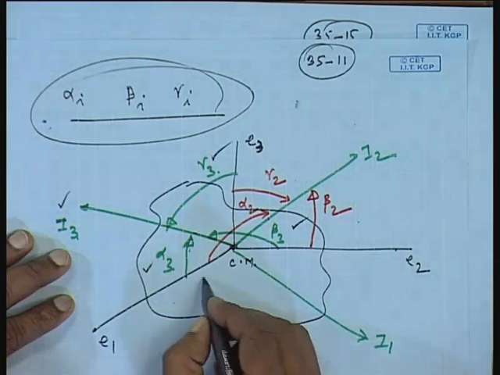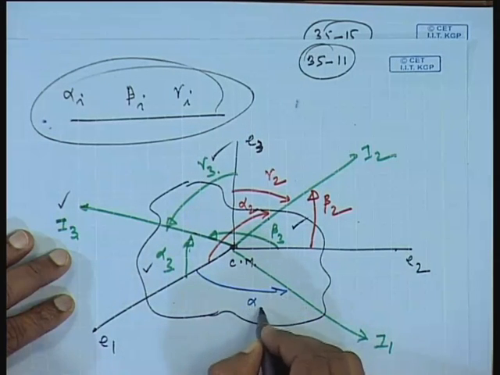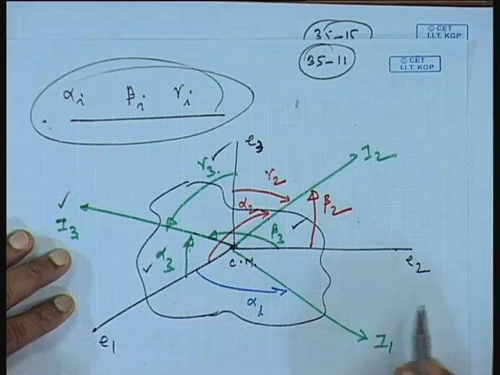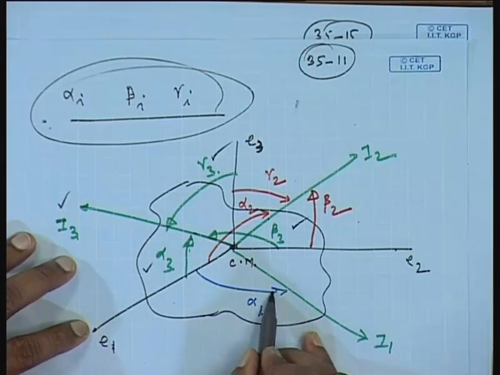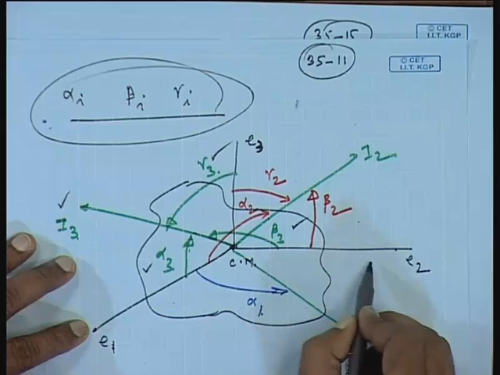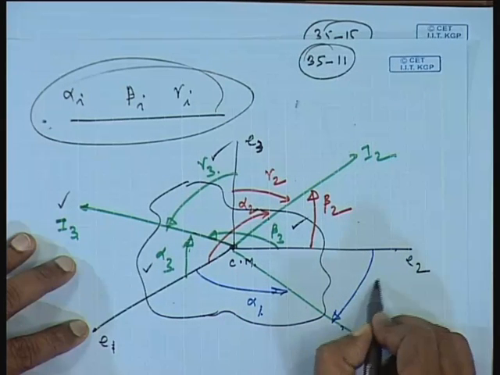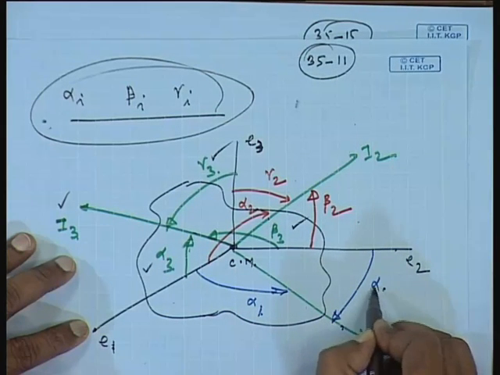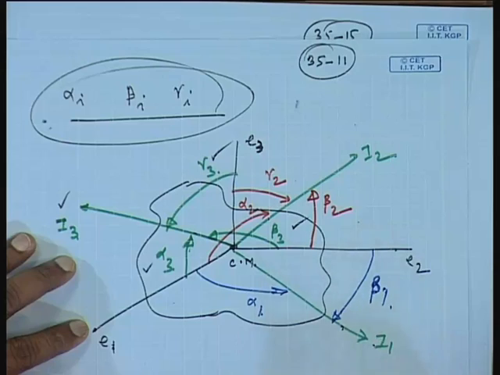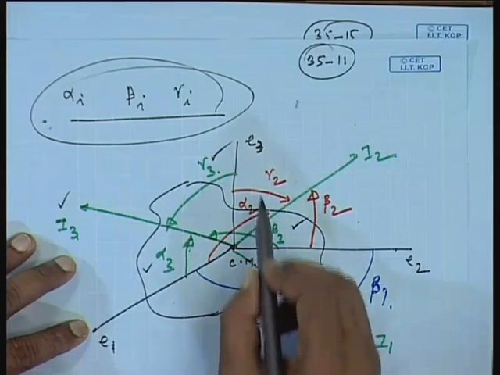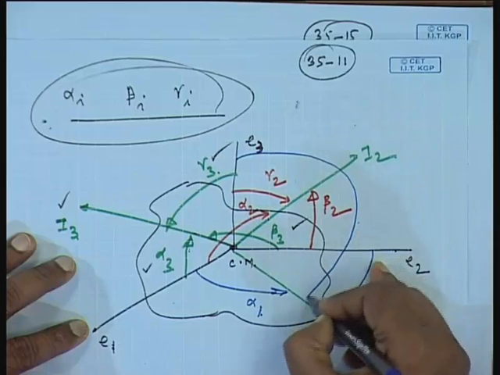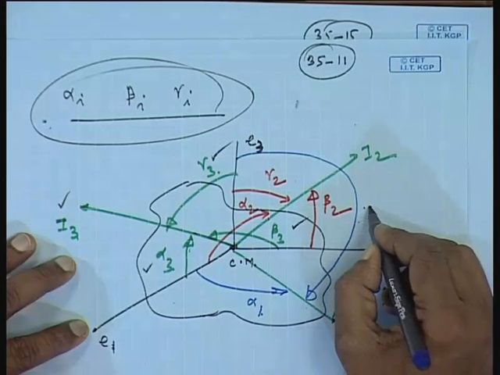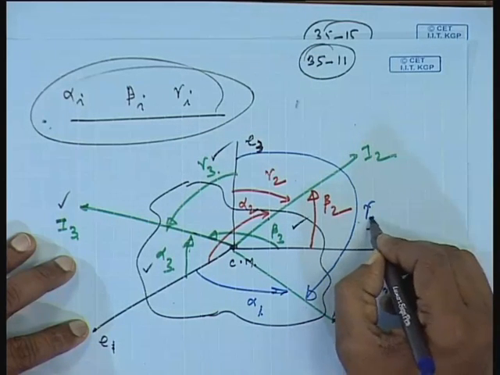So, here you will have this as alpha 1, which is the direction angle from E1 measured up to I1. Then you have this angle as beta 1, and with E3 the angle made, from here to here, this is your gamma 1.